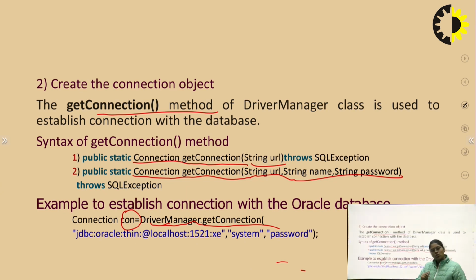Because we have loaded the Oracle driver, we need to connect with the Oracle database. So we give the URL jdbc:oracle:thin:@localhost, then we give the string name, then the string password. This is our second step.